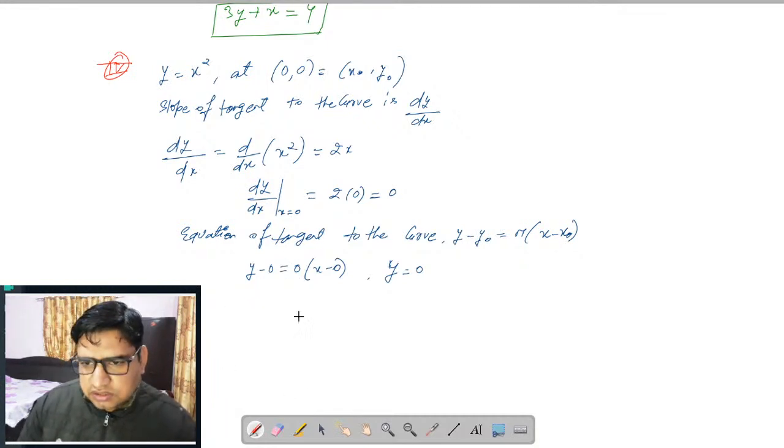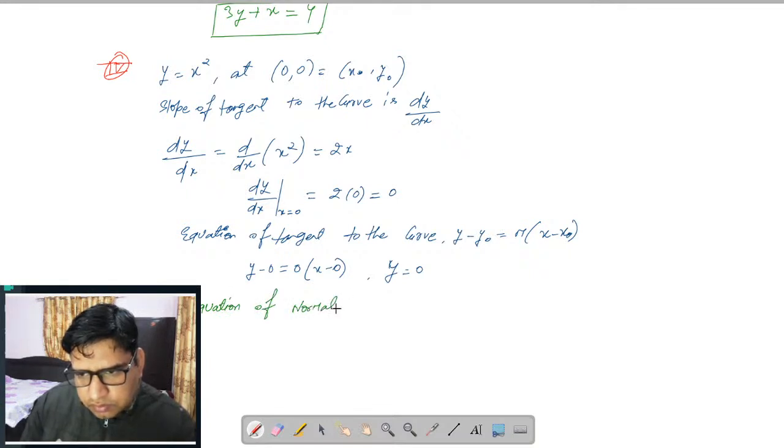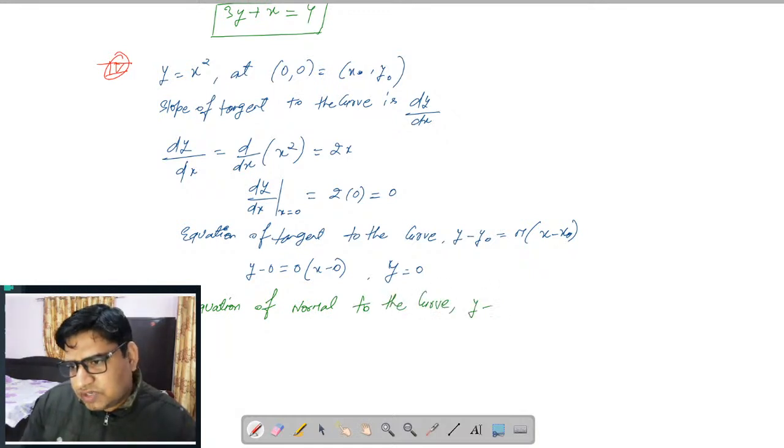Similarly, we will simply find the equation of normal to the curve. Equation of normal to the curve: y minus y naught equals minus 1 upon m times (x minus x naught).